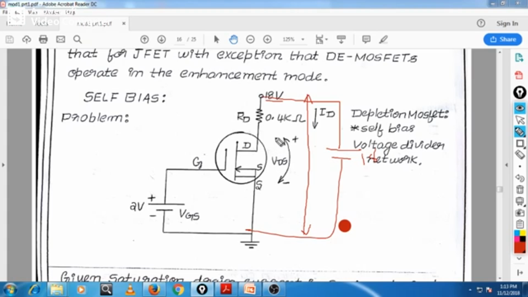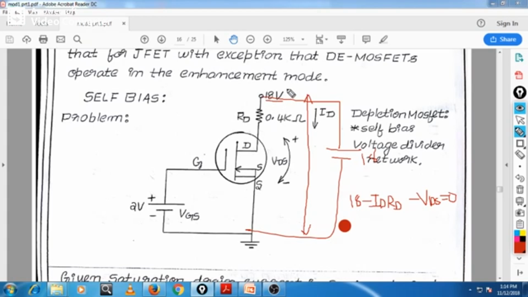So applying Kirchhoff voltage law: 18 minus ID times RD, minus VDS, is equal to 0. This is the Kirchhoff voltage law: the algebraic sum of the voltage source and the voltage drops across various resistors is equal to 0.